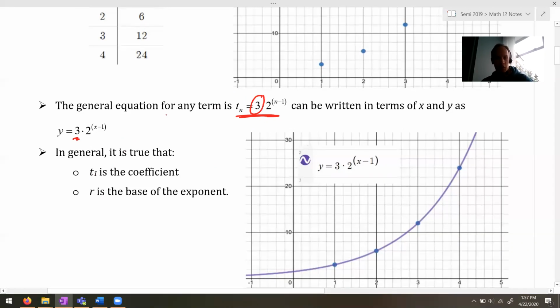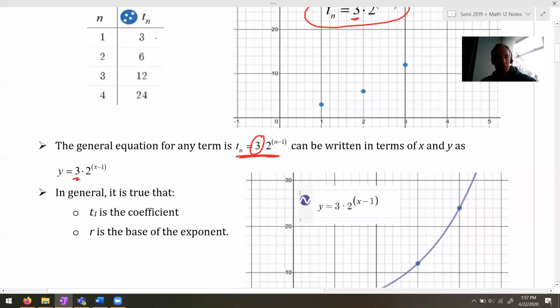R, which we can see is that we're always multiplying successive terms by 2, by 2, by 2, is going to be the base of the exponent. We're going to keep that in mind later because that's going to be quite useful.